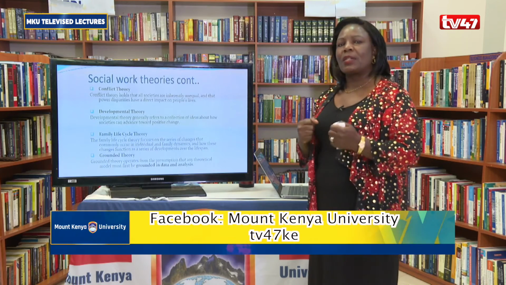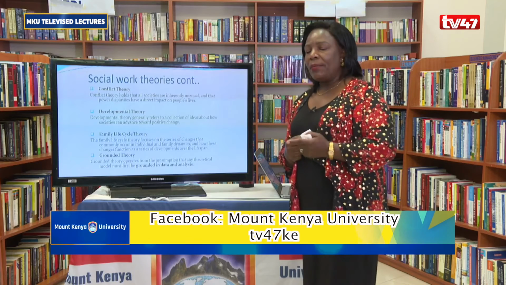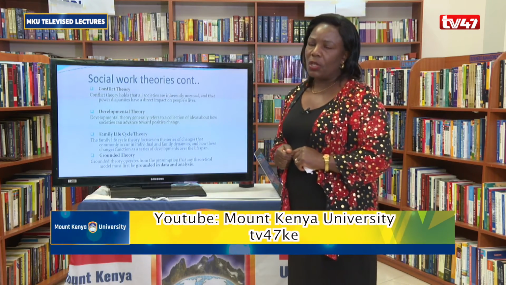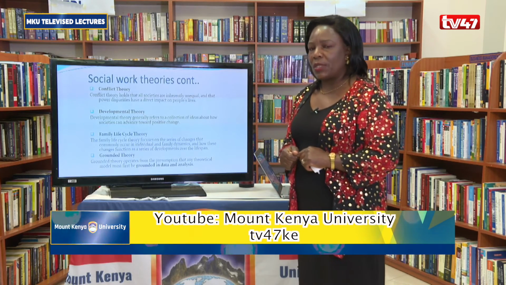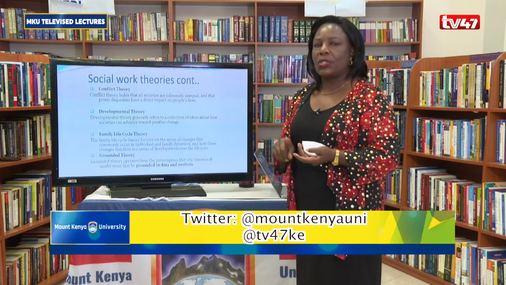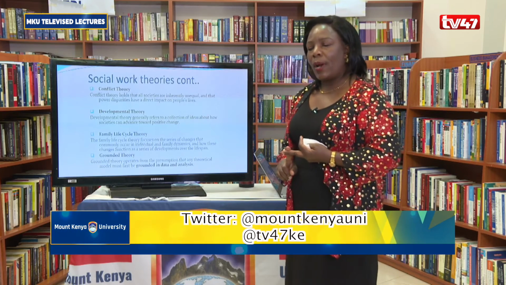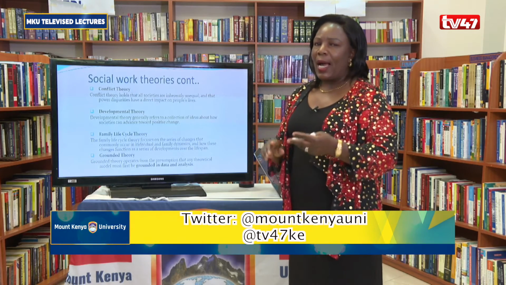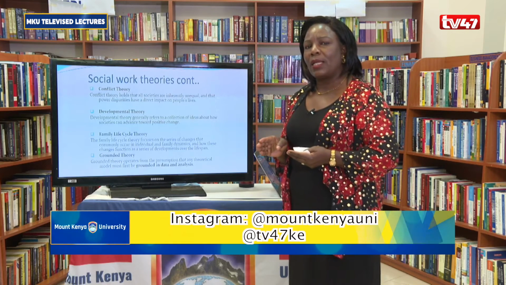So what happens when these inequalities are there? People will always conflict. I want to ask you, in your own free time, to look at the onset of sociology. What triggered the entire discipline of sociology is that there were 2 revolutions, the French Revolution and the Industrial Revolution, and that is where Auguste Comte, the father of sociology, came out and said, hey, this is something that has not been seen in the world.